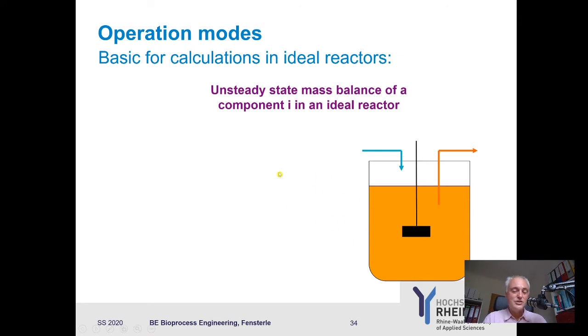The change in the mass of your substance component i is, of course, if you add something here, you will increase it. If you remove something here, you will reduce it. And if something is being produced, you will increase it. So inflow minus outflow plus production is the mass change. And of course, you can write that as a differential equation.